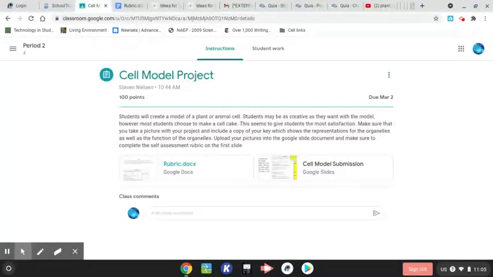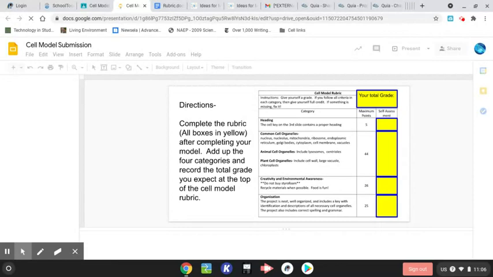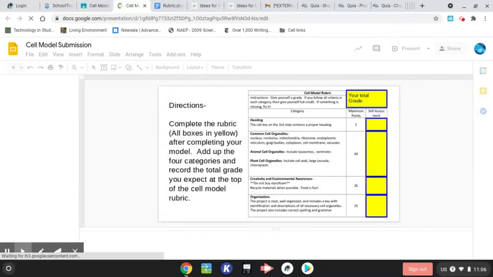All right, let's take a quick look at how you're going to submit it. So please go back to the Cell Model Project instructions and click on Cell Model Submission. This is a Google slide format. You're going to notice that the first slide is the rubric. Notice there are boxes in yellow. You are going to complete a self-assessment of your project.